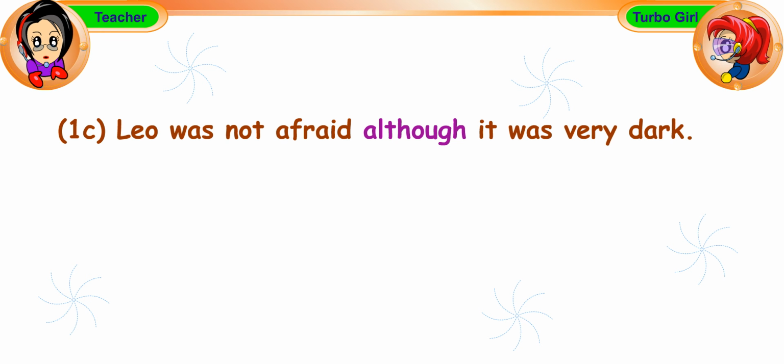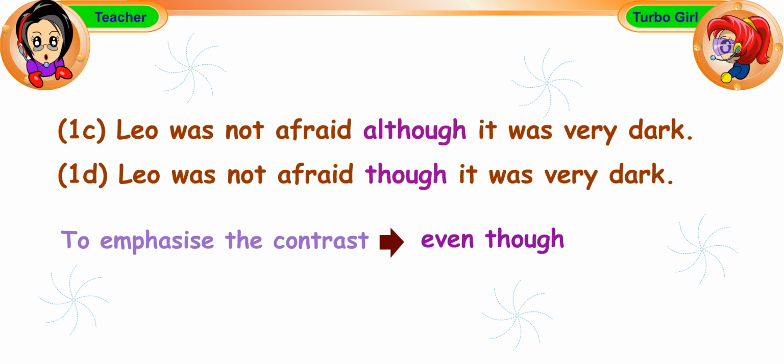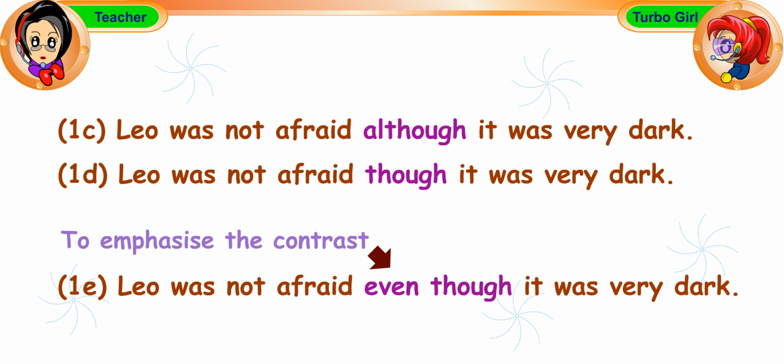Leo was not afraid although it was very dark. 1d. Leo was not afraid though it was very dark. If we want to emphasize the contrast, we can use even though. 1e. Leo was not afraid even though it was very dark.